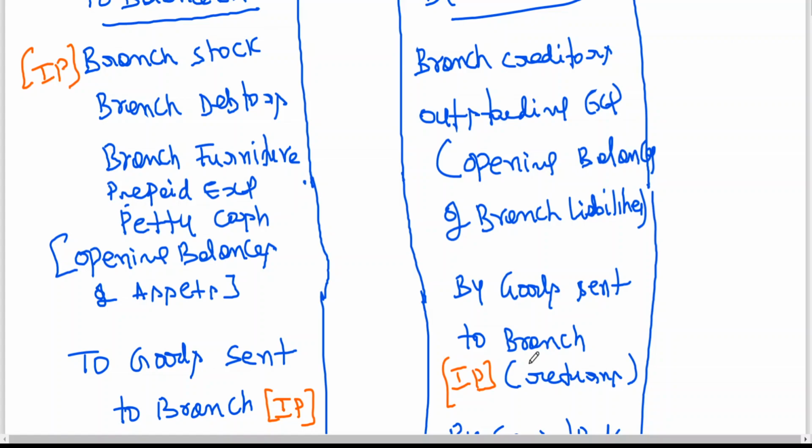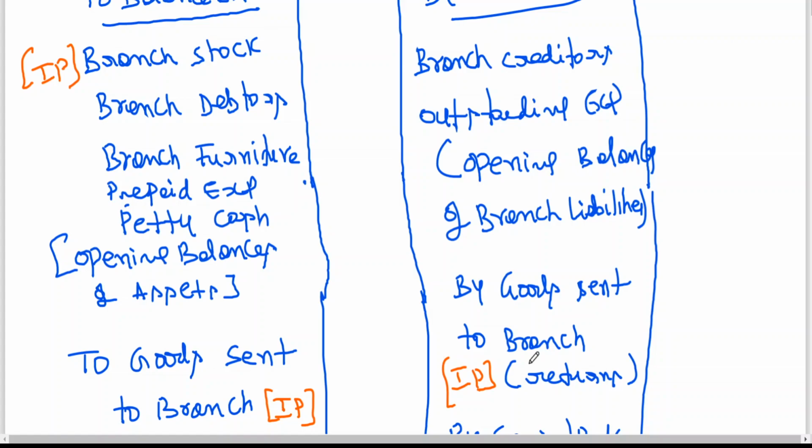Next, B. For adjustment of load on goods sent to branch: Goods sent to branch account debit to branch account.